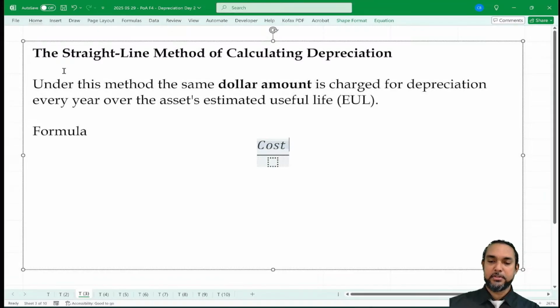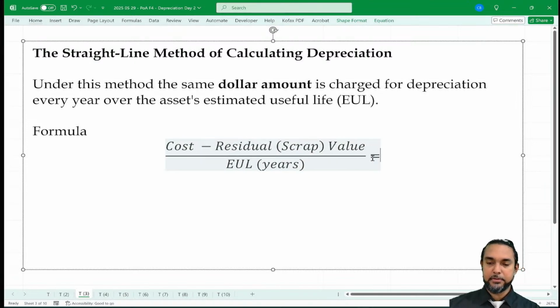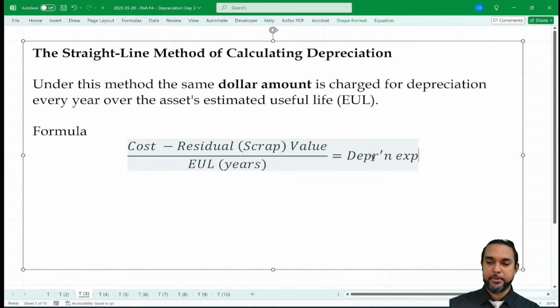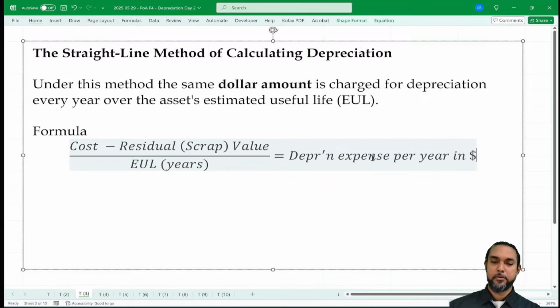We have the cost of the asset, and we minus something called the residual or scrap value, and divide that by the EUL in years. That gives the depreciation expense per year involved.